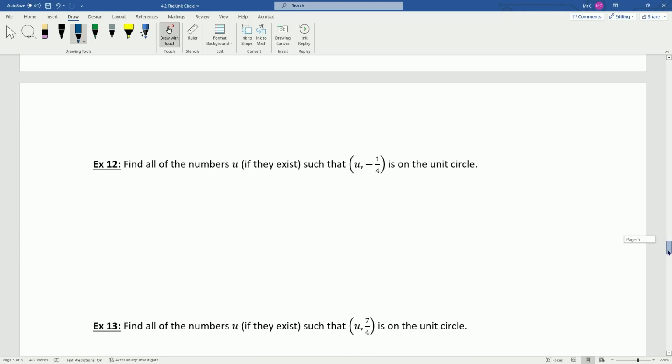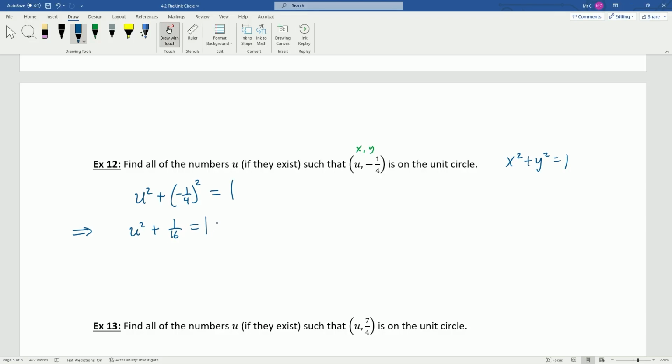Okay, another one. Find all of the numbers u, if they exist, such that u, negative 1/4 is on the unit circle. So remember, these are x and y values, and they should satisfy that x squared plus y squared equals 1. So if I plug u and negative 1/4 into this equation, I get u squared plus negative 1/4 squared equals 1. So u squared plus 1 over 16 equals 1.